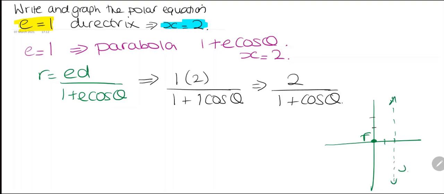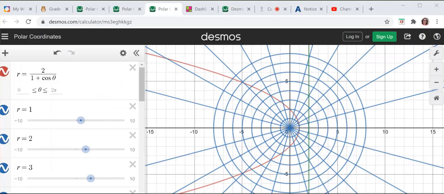And it's going to be facing away from the directrix. So we're going to be having something like this. So if we check in Desmos, and here's our graph.